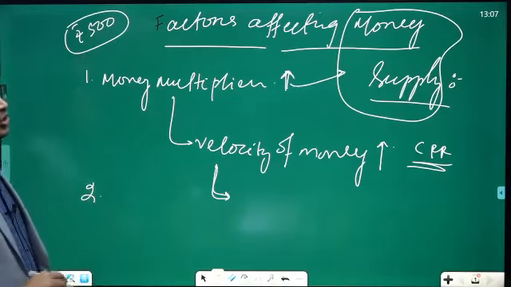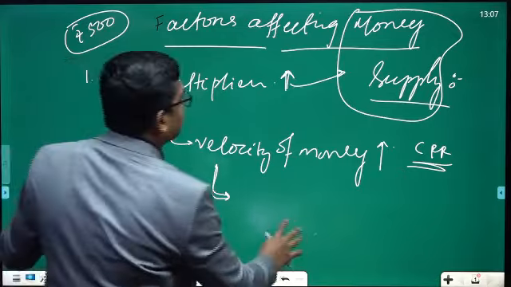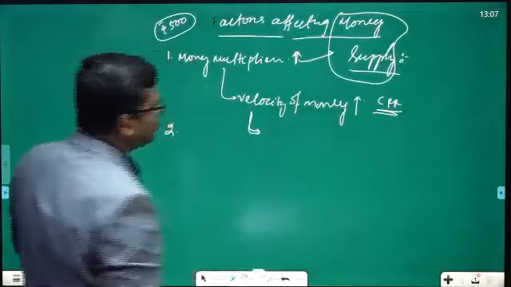This is the first important point, how money supply increases in the economy due to the money multiplier.